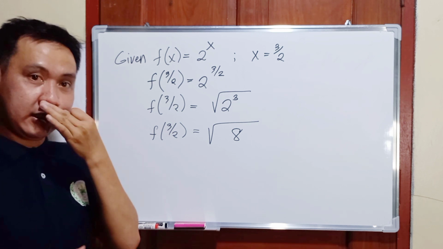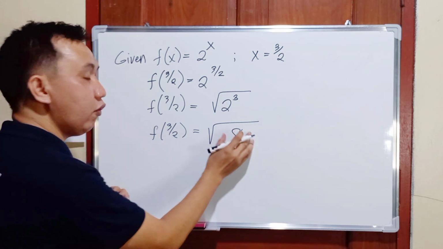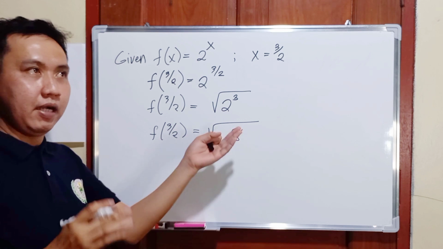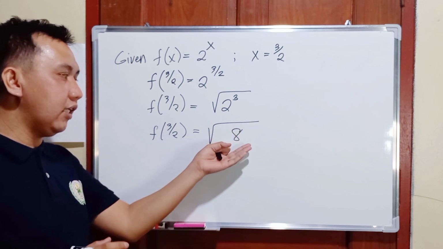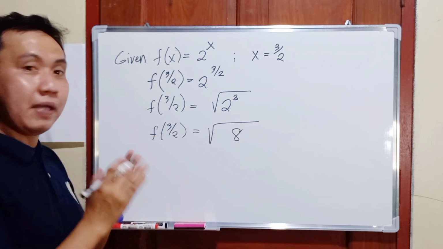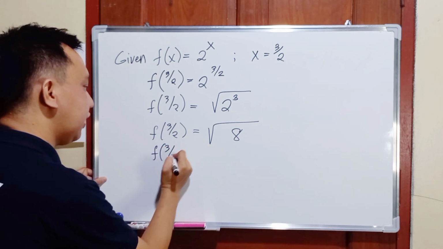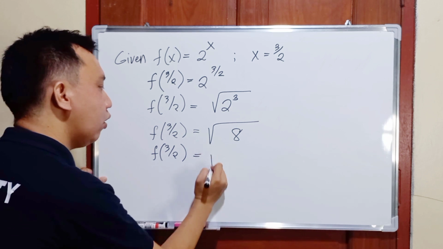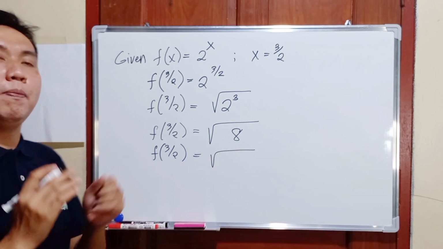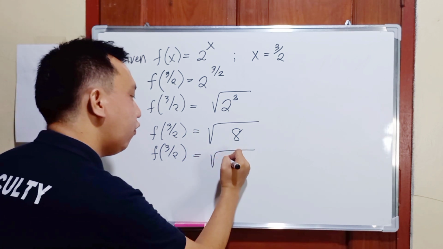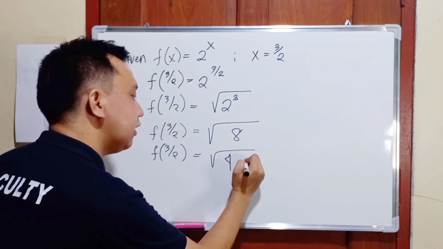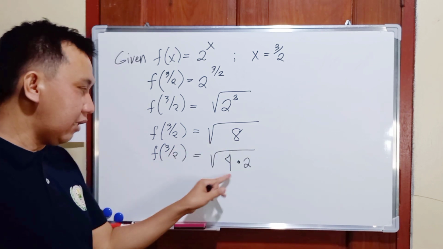Hindi pa natin makukuha ang square root of 8. Let us try first to factor out this one. Maghanap tayo ng factor ng 8 na merong perfect square. So, that is function of 3 halves is equal to, ang factor ng 8 na may perfect square ay 4 times 2. 4 times 2 is 8.